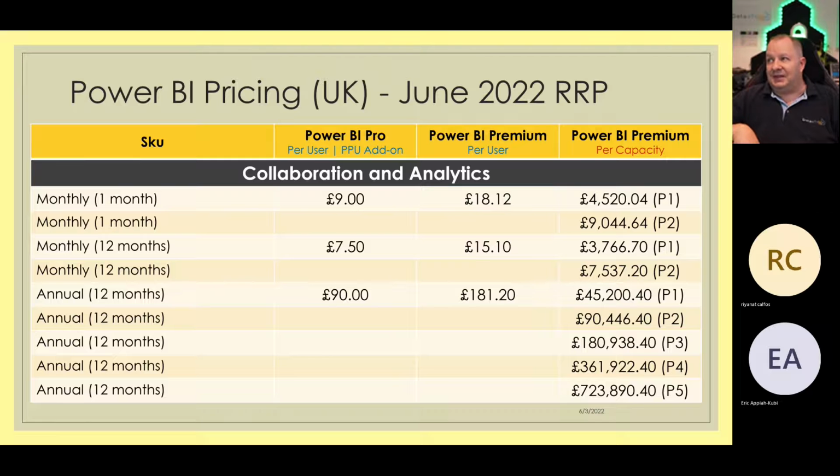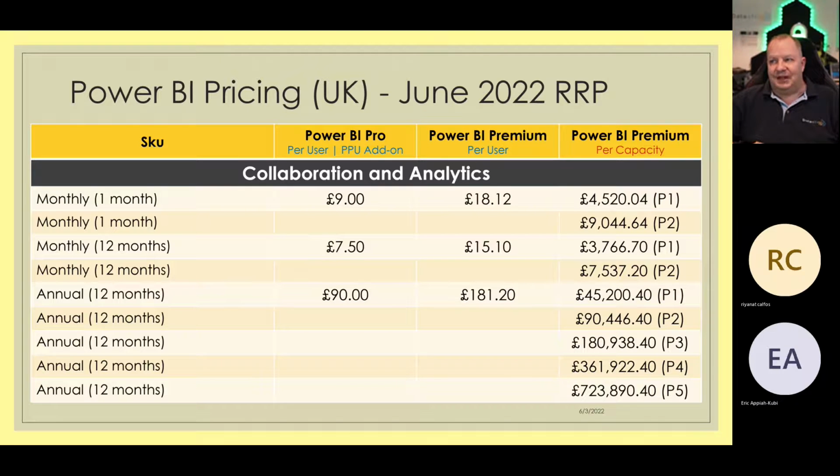And the premium capacity for a single month would be, for P1, 4,520.04. So that seems to be quite a big jump, but there's a bit of infrastructure there that is quite large. It's an 8-core deployment dedicated to your resources, and there are some additional premium features, of course, that come along with that. Now there's a 12-month option.